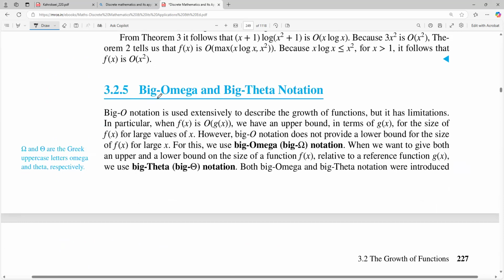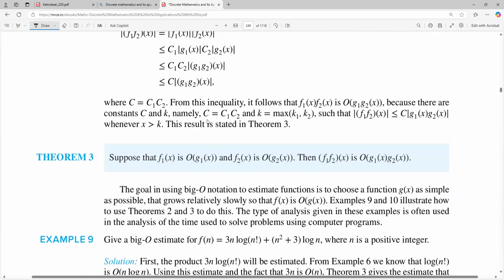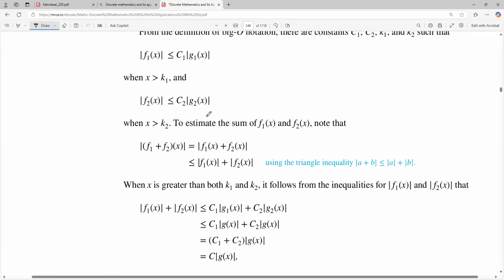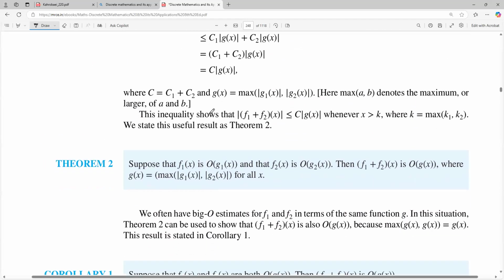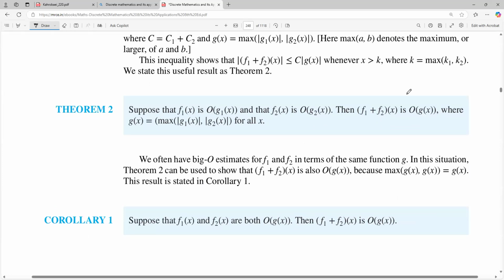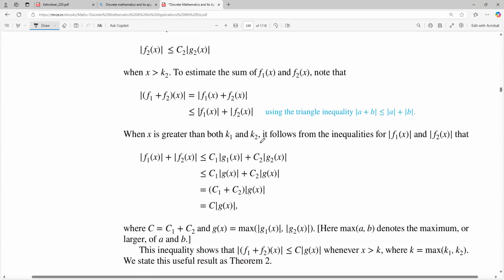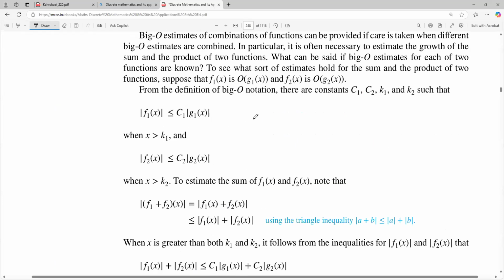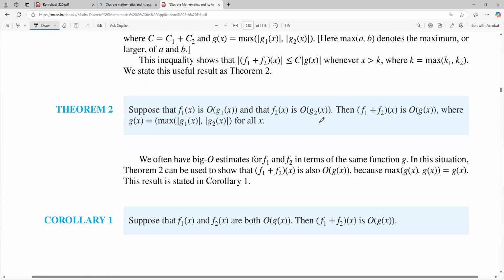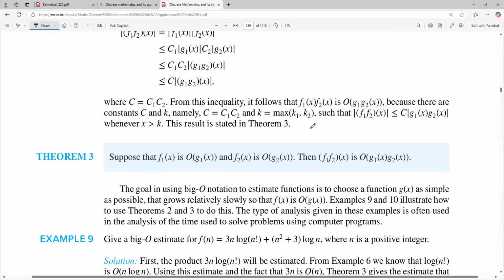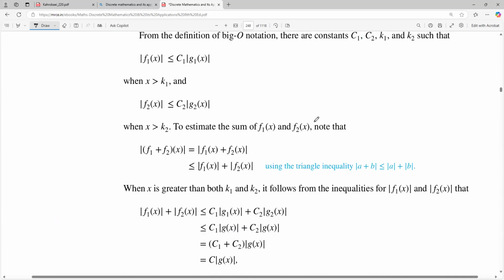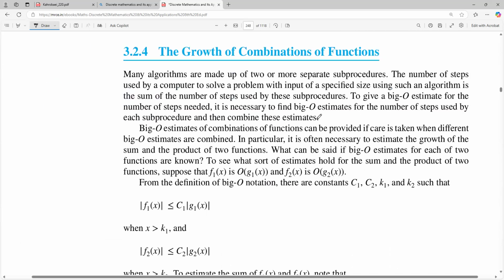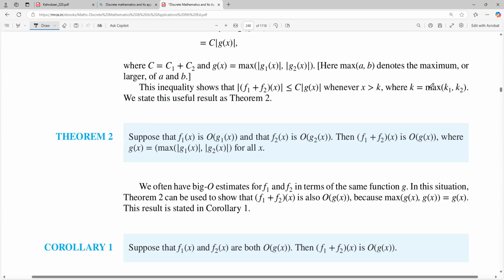Okay, so we got big omega and big theta. Before we do that, I'm just gonna quickly bring up these two rules. So if we have two functions, I'm going to briefly go over this.